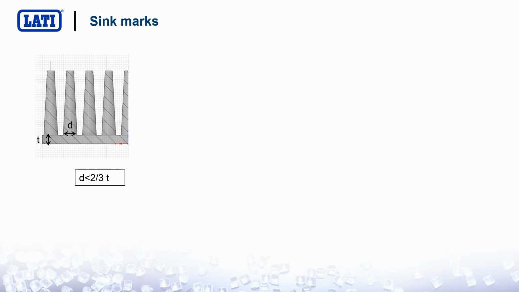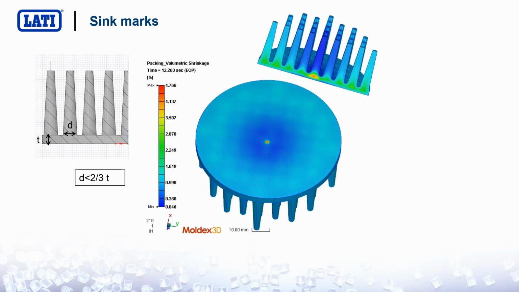You see here, d should be lower than 2/3 of D. This is because where you have a higher thickness, you will have a higher volumetric shrinkage, and the differences in volumetric shrinkage will cause warpage.